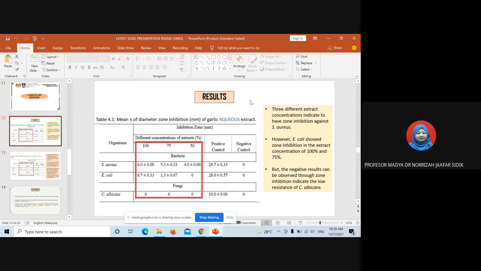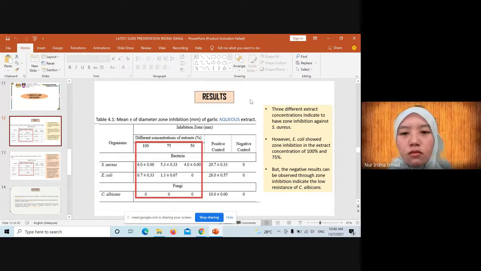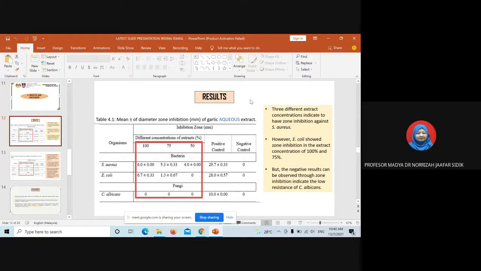Right. Okay. So how good are your results? The one that you used is different concentrations of the aqueous extract, right? For 100, then 75, then 50. So if you compare with the positive control, what can you explain from these results?